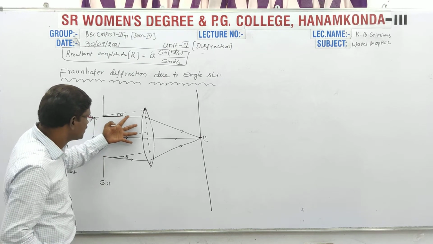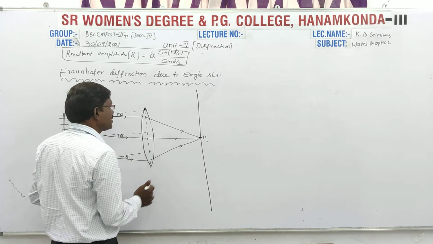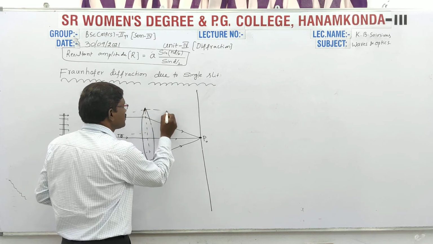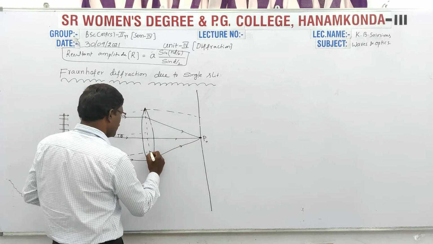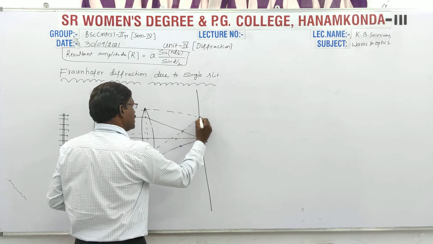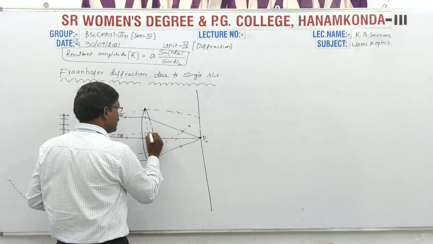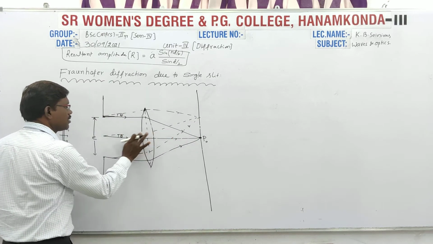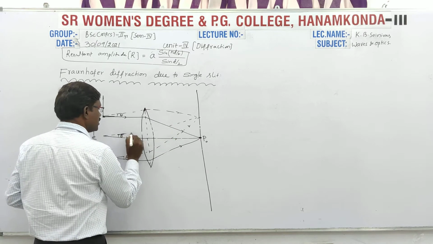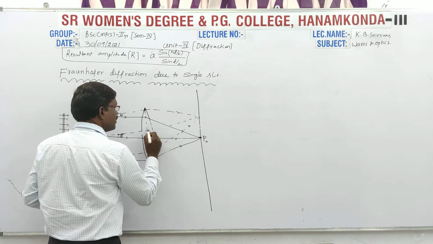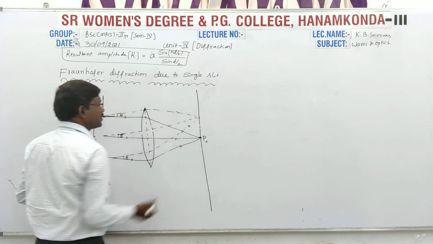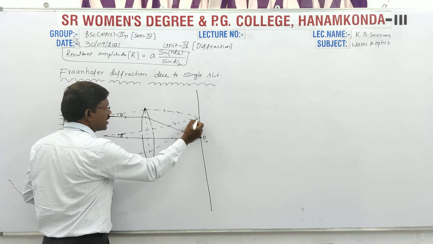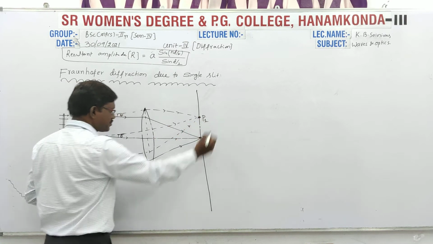These diffracted rays are focused by this convex lens, and instead of P naught they focus at P1. These diffracted beams, deviated through angle theta, form the diffraction pattern at P1.